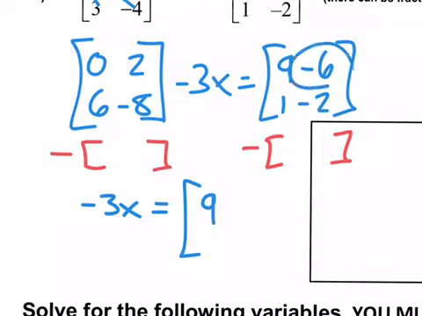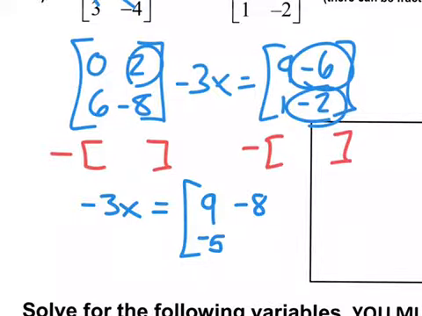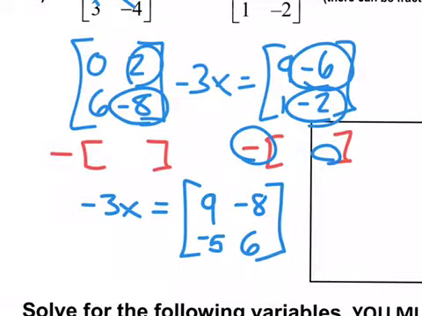I've got this -6 minus 2 to get a -8. 1 minus 6 to get a -5. And -2 minus a -8. That's a double negative there. So -2 minus that -8 is really -2 plus 8 to land me at 6.